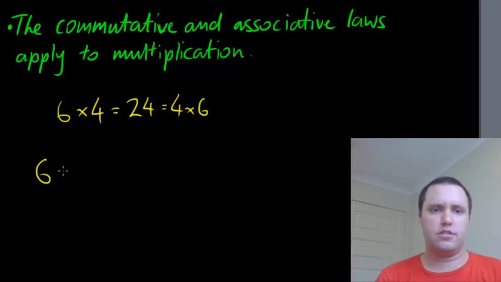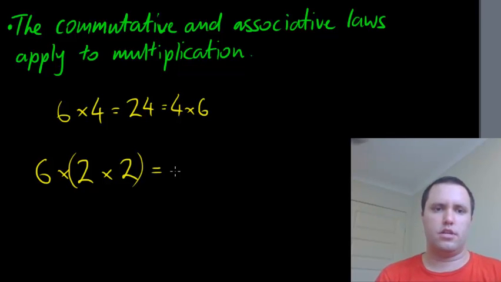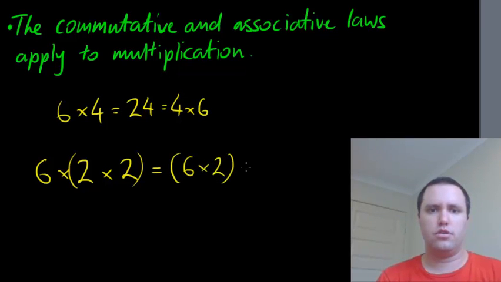So 6 times 2 times 2 is the same as 6 times 2 times 2, grouped differently. So 2 times 2 is 4. 6 times 4 is 24.